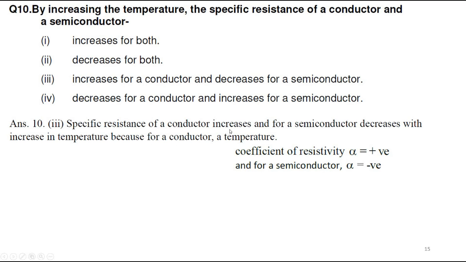The specific resistance of a conductor increases and for a semiconductor decreases with an increase in temperature, because for a conductor the temperature coefficient of resistivity, alpha, is positive, and for a semiconductor alpha is negative. For all good conductors alpha is positive, meaning when temperature increases, resistance will increase.